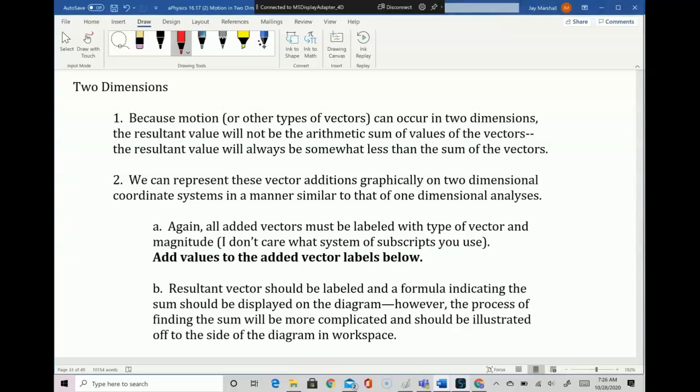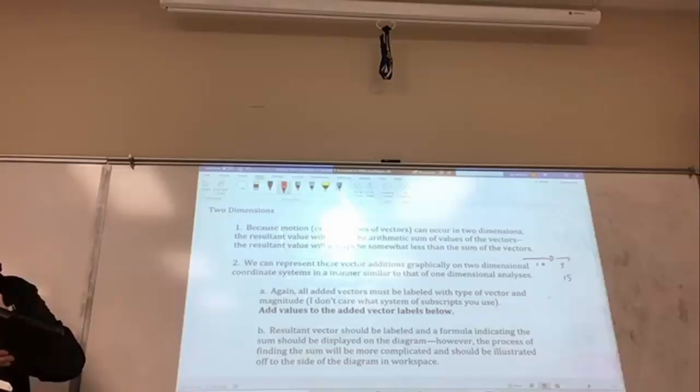And let me just remind you, if I have 10 somethings and I have 5 somethings, if they're in the same dimension, they're going to add together to give me 15. But if I have 10 somethings and 5 somethings here, that value at an angle there is never going to be 15, right?